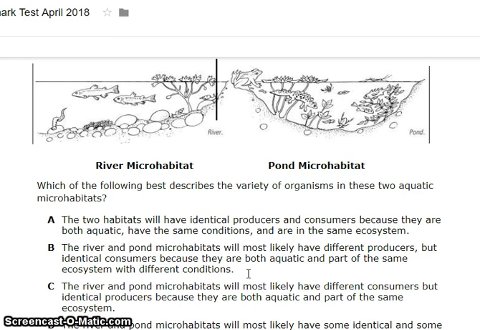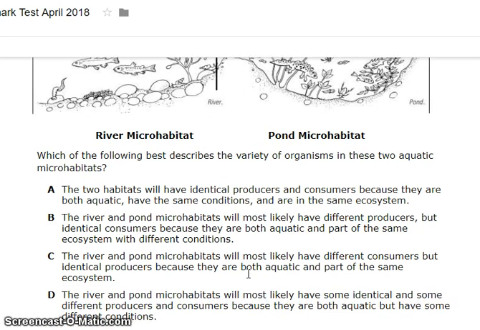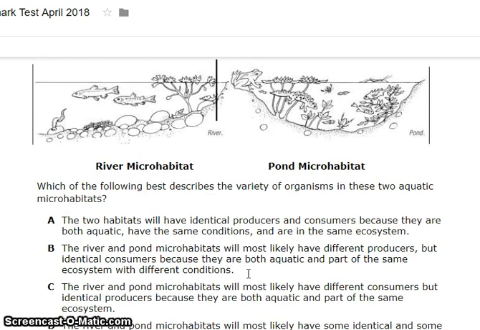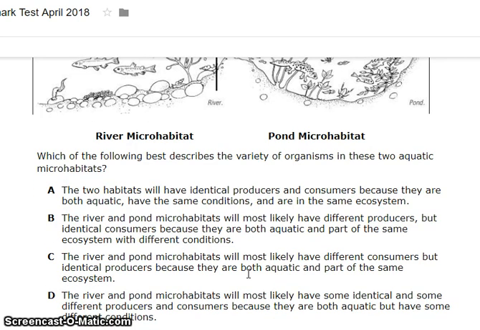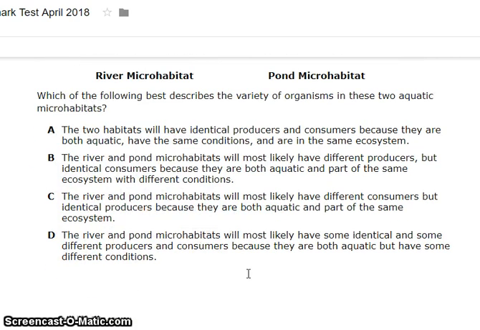B. The river and pond microhabitats will most likely have different producers but identical consumers because they are both aquatic and part of the same ecosystem with different conditions. C. The river and pond microhabitats will most likely have different consumers but identical producers because they are both aquatic and part of the same ecosystem. D. The river and pond microhabitats will most likely have some identical and some different producers and consumers because they are both aquatic but have some different conditions.